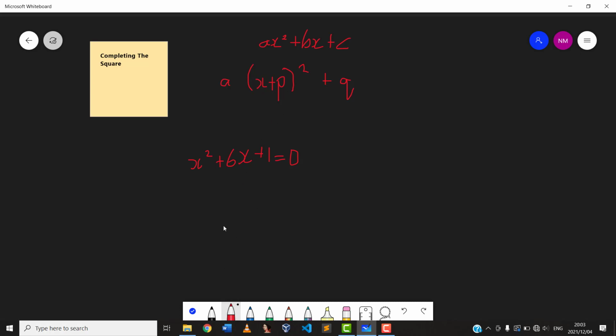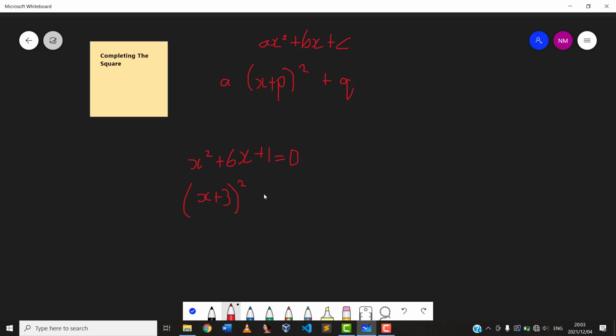So what we want to do is factorize the expression with x. So what we would do is we'd say x plus 3 squared. So that's the first step, because if you were to expand this, this would give you x squared plus 6x plus 9, right?